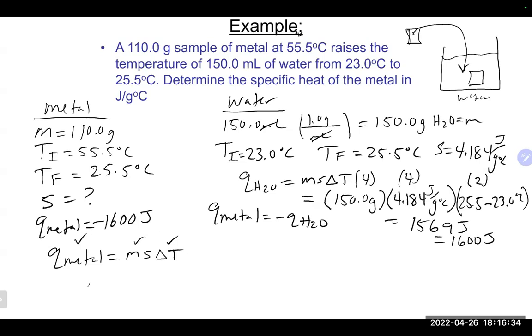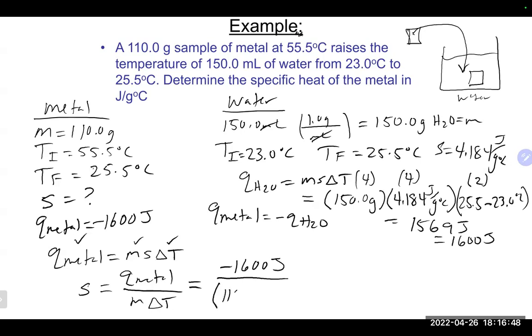So we can solve for S, which would be Q of the metal divided by m delta T. Putting in our numbers: minus 1,600 joules divided by our mass of the metal, which is 110 grams, times our final temperature, which is important here because it is 25.5, minus our initial temperature, which is 55.5 degrees Celsius.